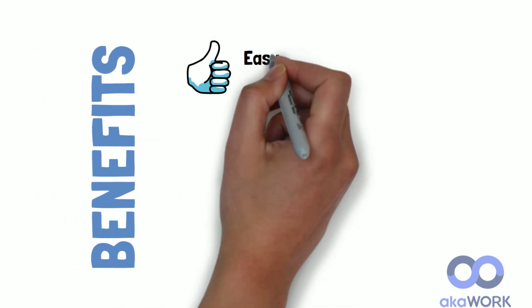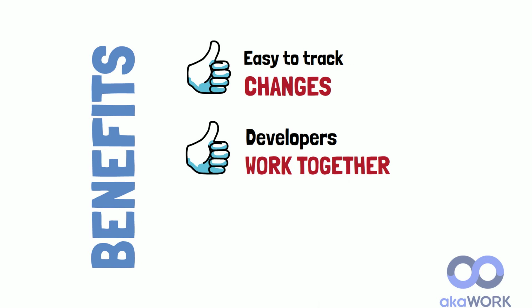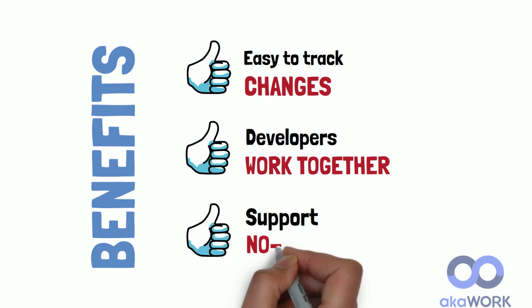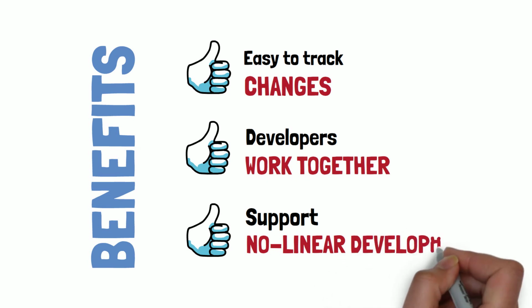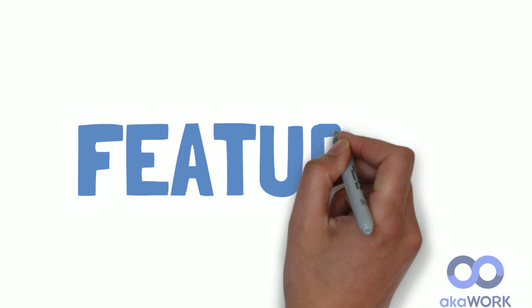When using Git, you will get some values such as easily tracking changes in your source code, allowing multiple developers to work together by using a remote repository, and Git supports nonlinear development because of thousands of parallel branches.